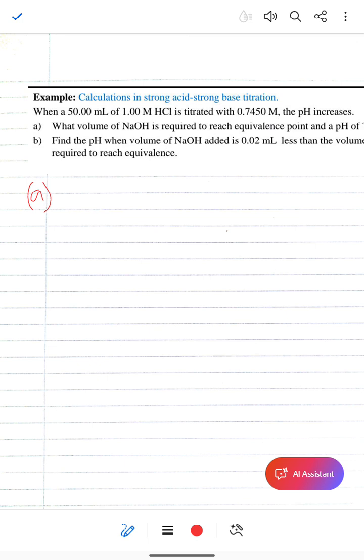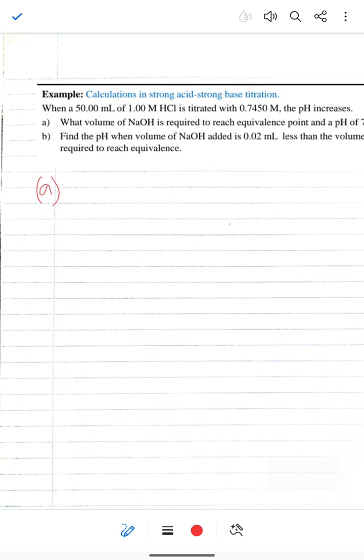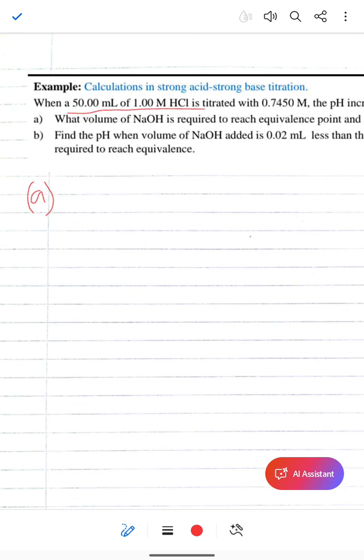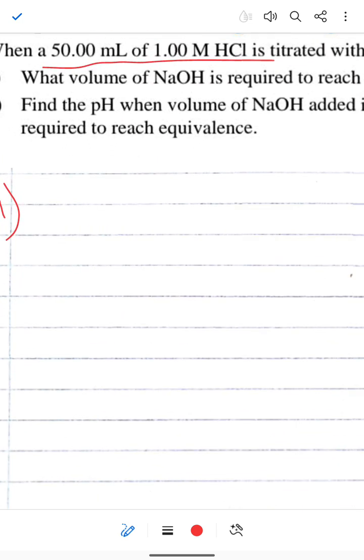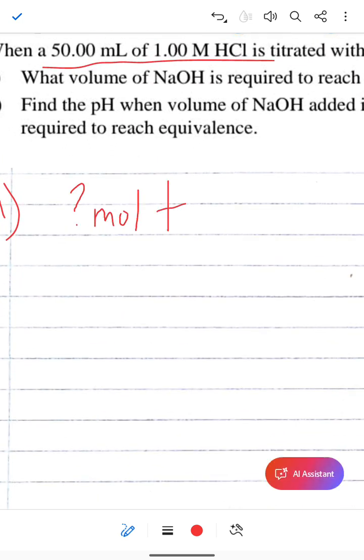Before we go any further, if you look at the question, 50 ml of HCl, of one molarity, is titrated. So the first thing you need to find here is, step number one, calculate the moles of HCl. And how do you do that?